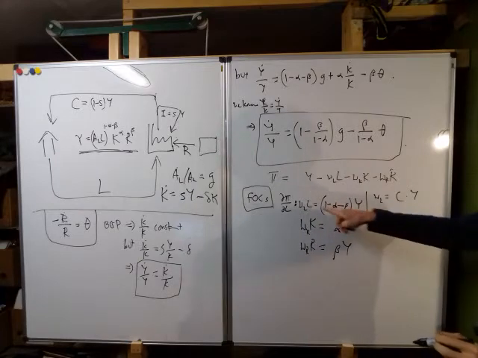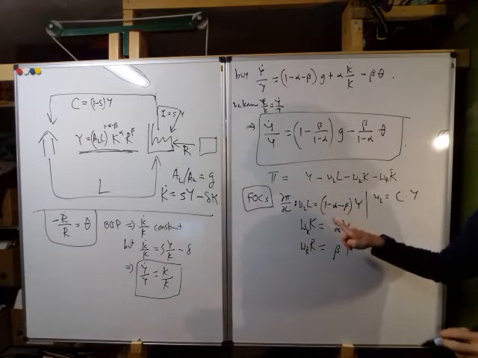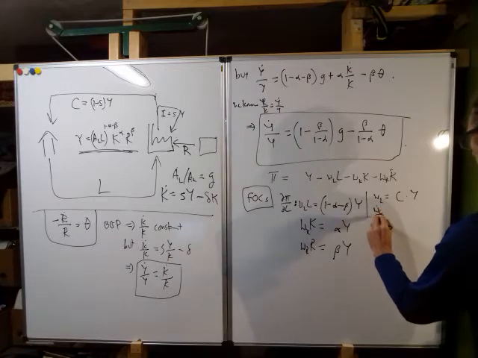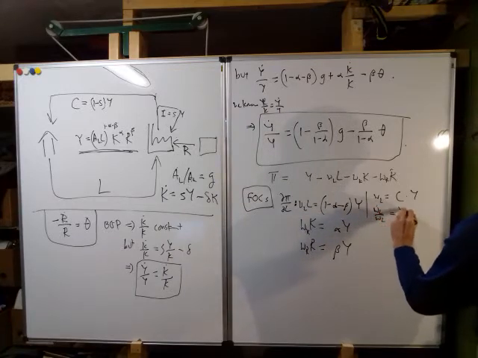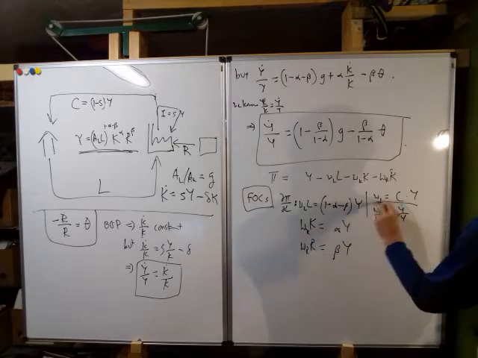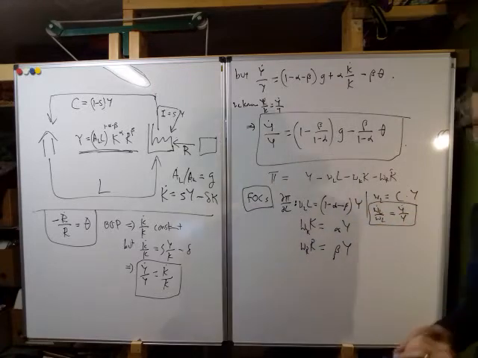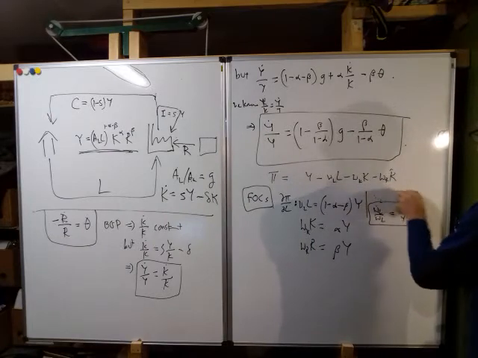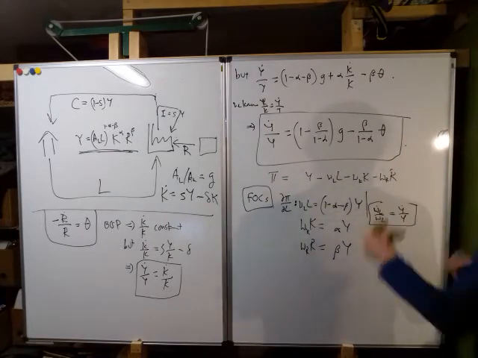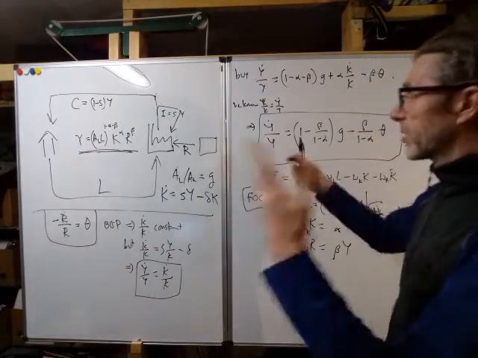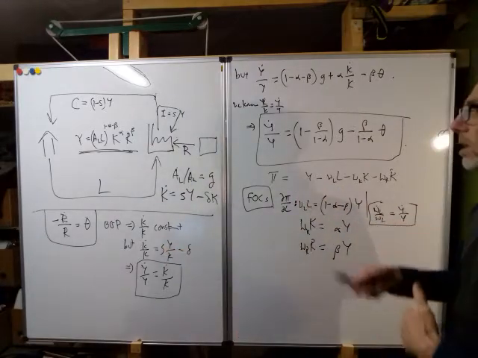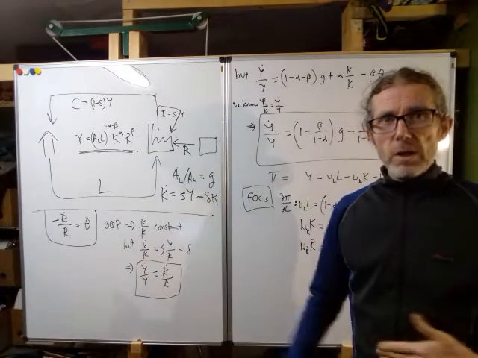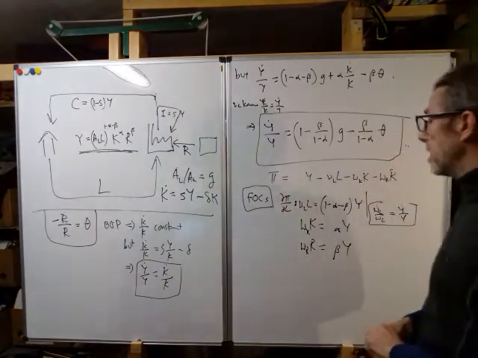It's 1 minus alpha minus beta over L. So that's just constant, times y. So WL dot over WL is y dot over y. The wage grows at the overall growth rate. Of course it does. It's balanced, yeah? Production's growing at some rate, the labour force is constant, wages have to grow at that rate.